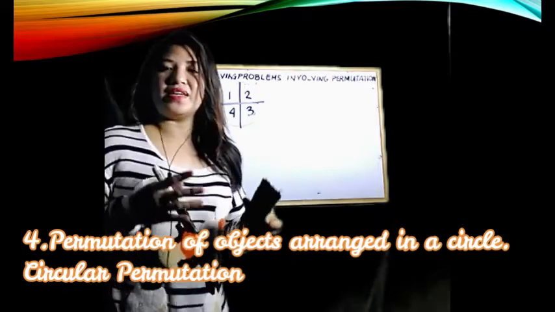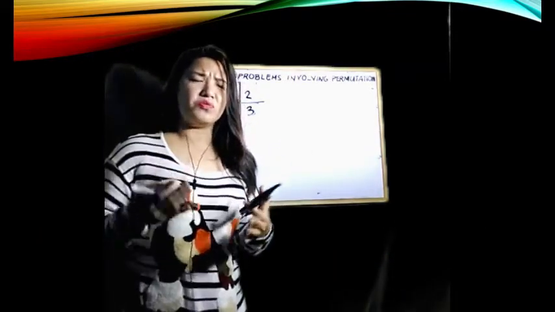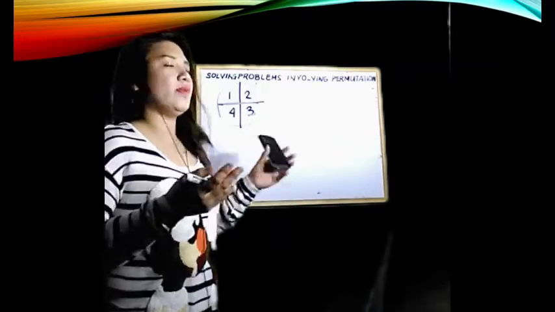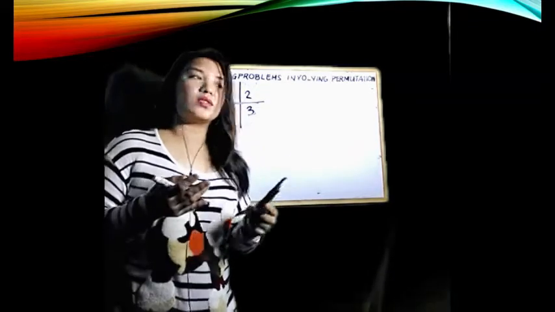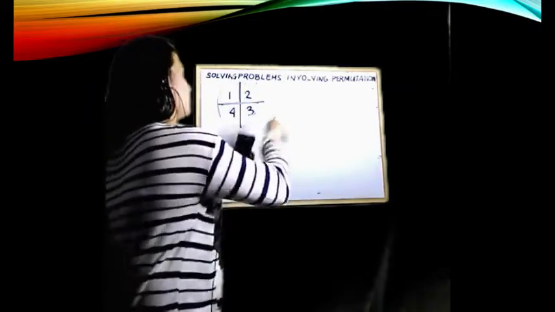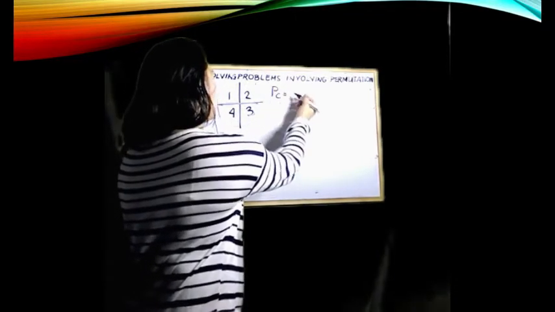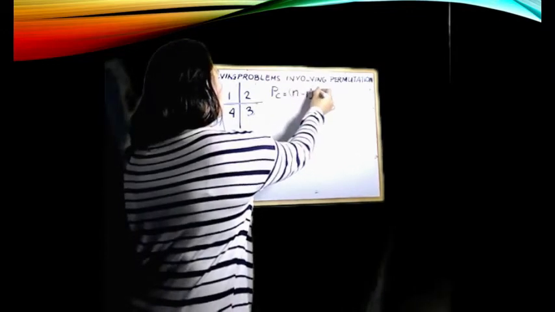So the formula is pretty simple and straightforward. If we are solving for the permutations in a circular table with distinct objects, our formula is just P, circular permutation, we'll put as a sub C here, is equal to n minus 1 factorial.